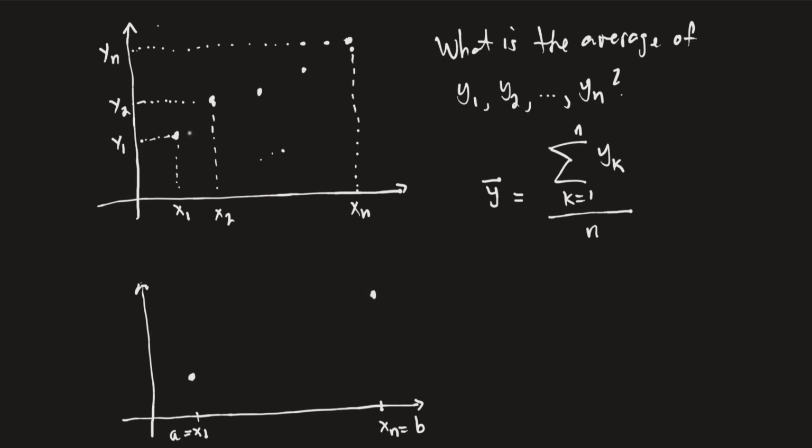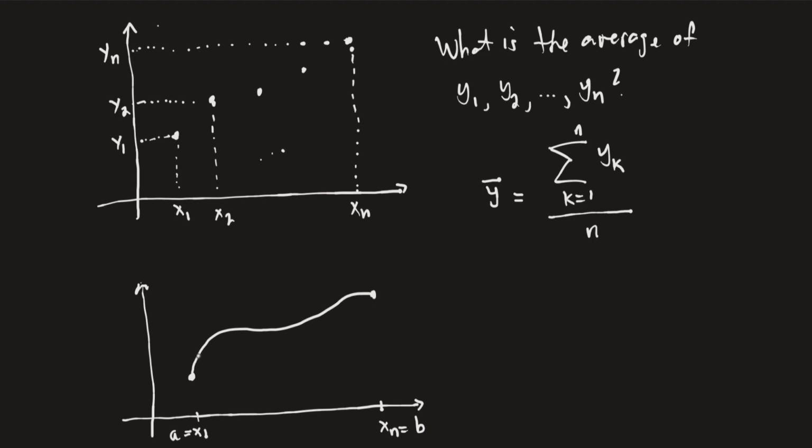But now, instead of having just isolated or distinct ordered pairs, what if I had a continuous function that essentially connected all those dots now?